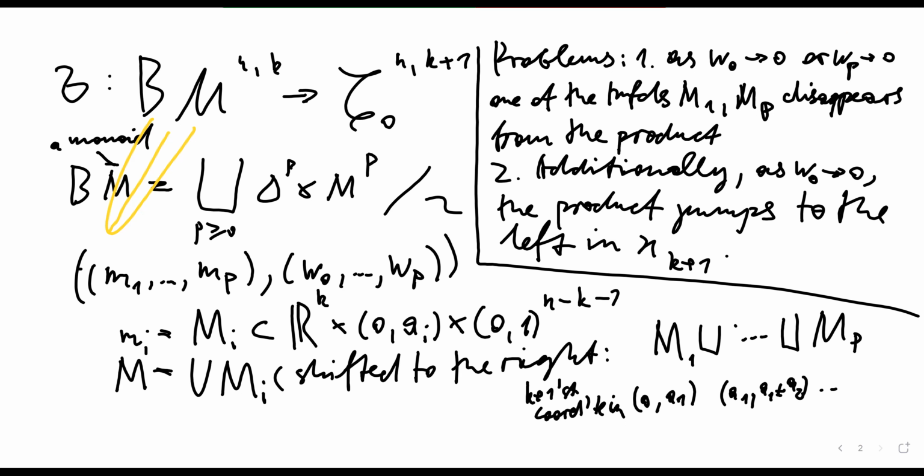So hold on. If I want to define a map out of this quotient that you've described, you're just using the semi-simplicial structure, right? Just the face maps and no degeneracies. Yes, I don't want to use degeneracies.